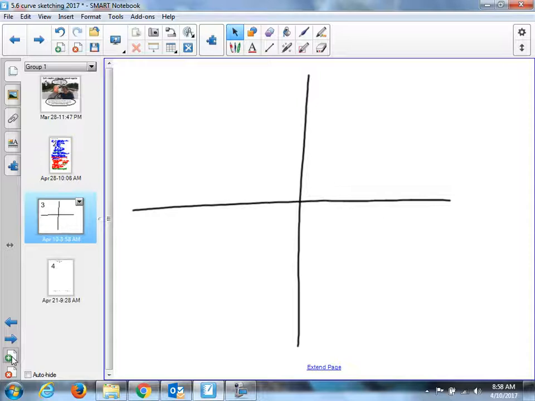So you're going to go through the whole thing. Like I said, start with your x-intercepts and your y-intercepts. So, I'm going to tick, tick. So there's my negative 2.